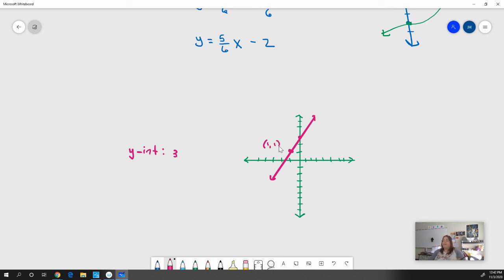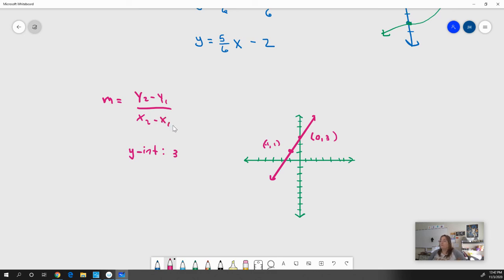So I can find the slope between these two points. Sorry, this is negative 1, 1. There are a couple of different ways I can do it. I can use the slope formula, which will be in your Edpuzzle, y2 minus y1 over x2 minus x1.